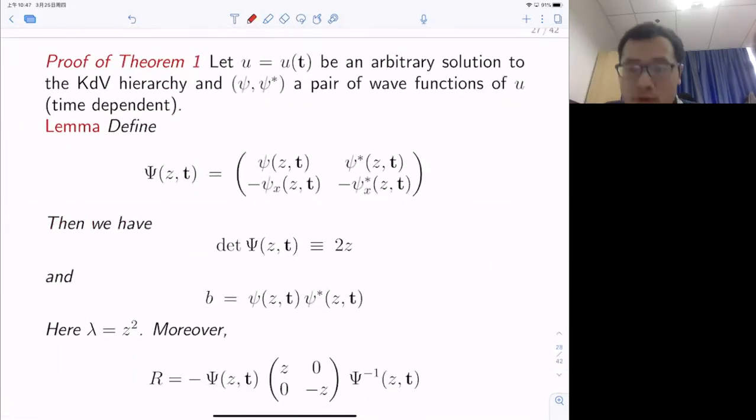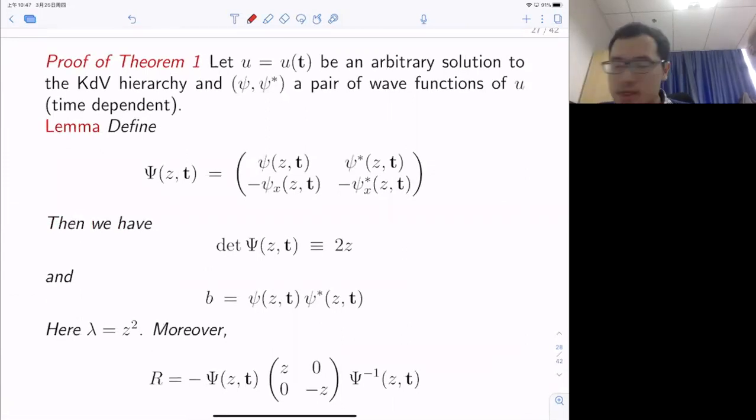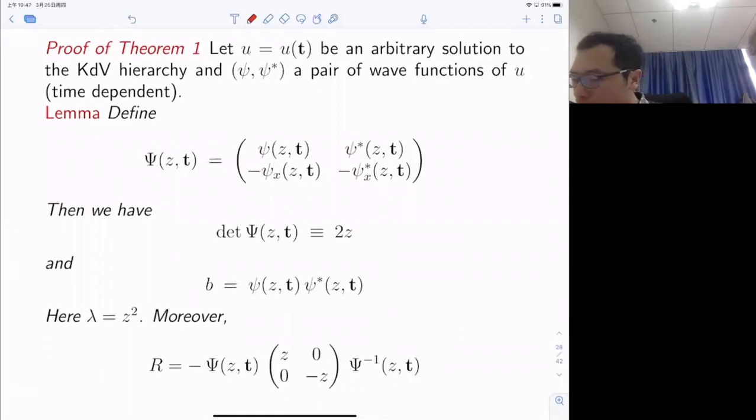So for short, we only need to solve the initial linear Schrodinger equation, but of course for the proof we need the evolution in time. So for the proof, we first define a matrix.